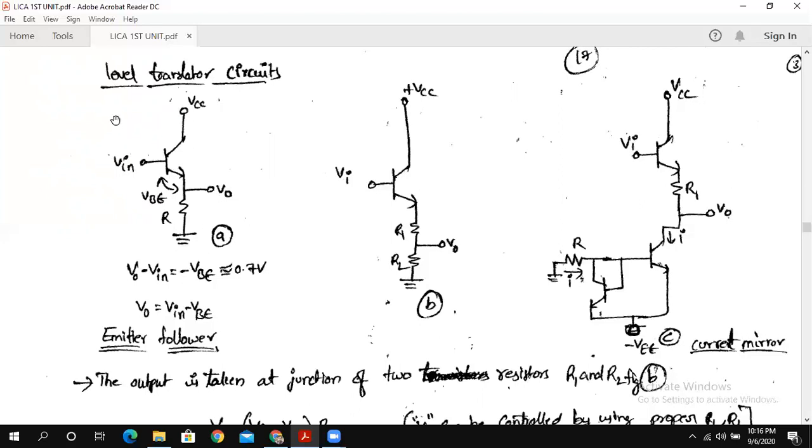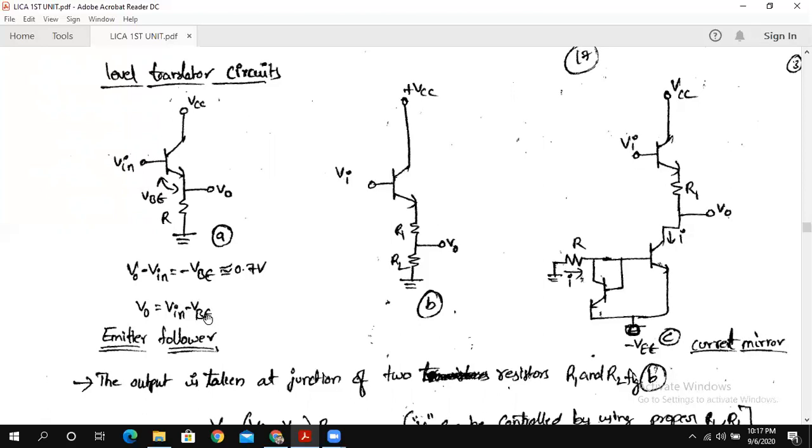So whatever input signal is given, the difference between the input signal and the base emitter drop will be obtained as output. So V naught minus V in is equal to minus VBE, that is, V naught is equal to V in minus VBE. For example, if V in is plus 5 volts and VBE is 0.7 volts, then 5 minus 0.7 is around 4.3 volts.